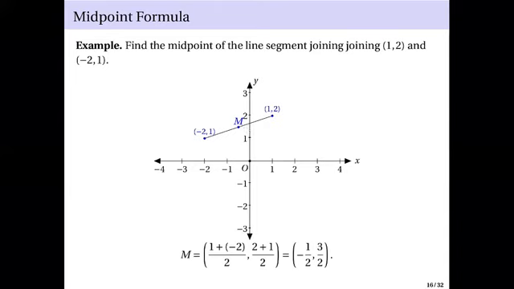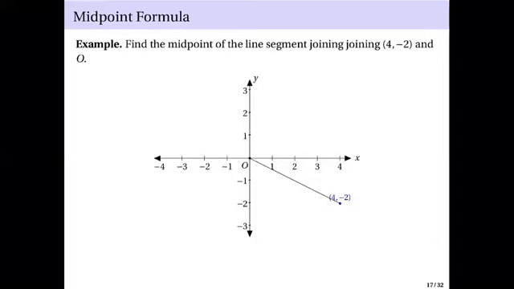Another problem here. So this time, we want to find the midpoint of the line segment joining 4, -2 and the origin. Remember, the origin has coordinates 0, 0.